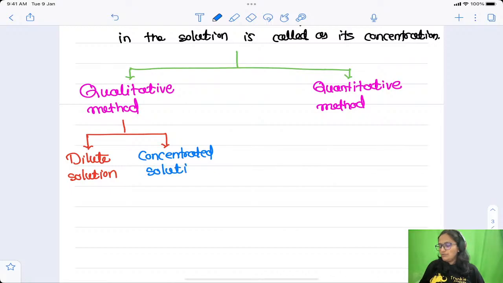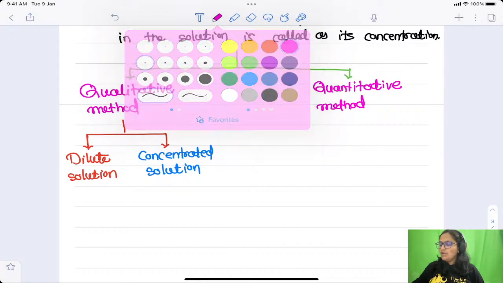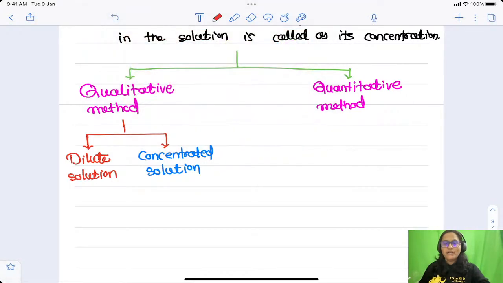What is the meaning of these two words? Let us discuss. First of all, dilute solution. Do you remember the process of dilution is nothing but adding water to it? For example, if I am preparing an aqueous solution of sugar in water, and I think the amount of sugar is a little extra sweet, so I add water. Adding water means you are doing dilution.